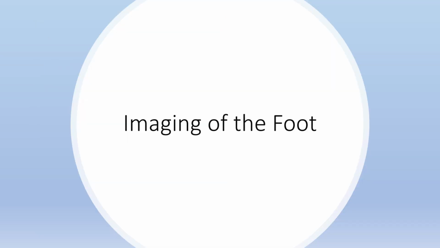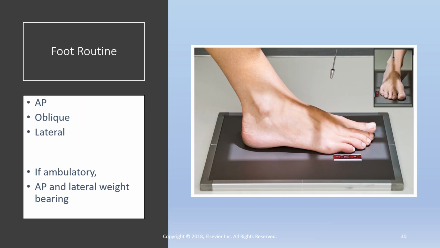Imaging of the foot. Now, when we image the foot, typically we have a routine just like we do with all body parts. Typically on a foot, we do an AP, or you could call that a dorsoplantar projection. We do an oblique, which is a 30 to 40 degree medial oblique, and we do a lateral, which is a mediolateral projection.